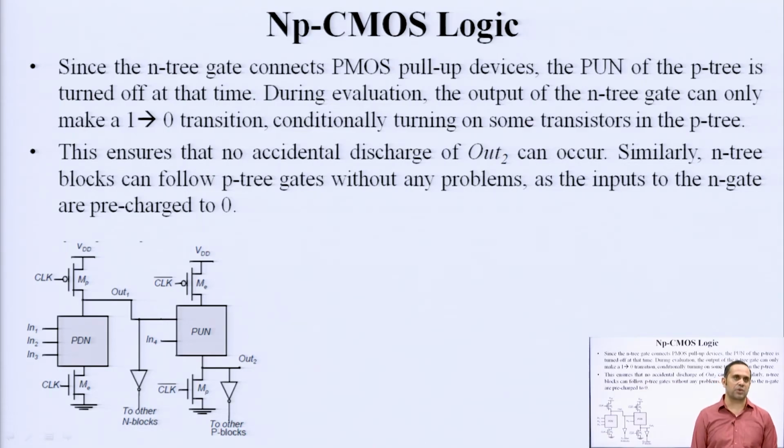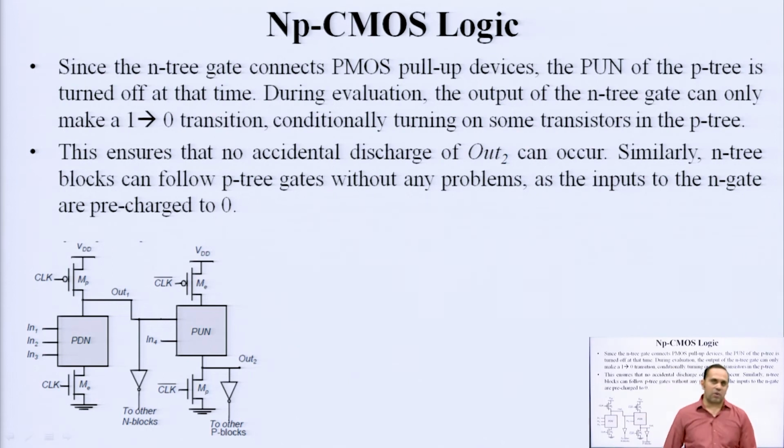That basically depends on what logic you are implementing. This basically ensures that you have isolated successive stages and there is no charge loss due to discharge. Okay. And similar N tree blocks can follow P type gates without any problem, as input to the N gates are pre-charged to 0.